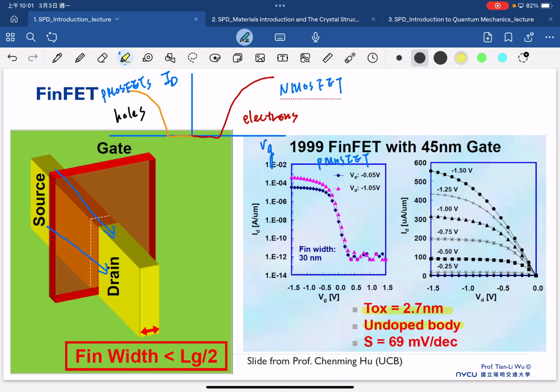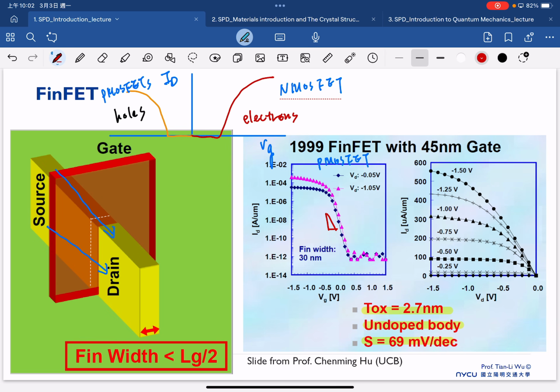And then the last very important characteristic, which is the subthreshold slope. The subthreshold slope is a calculation mainly to estimate the slope at which the transistor starts to turn on in this transition region here.